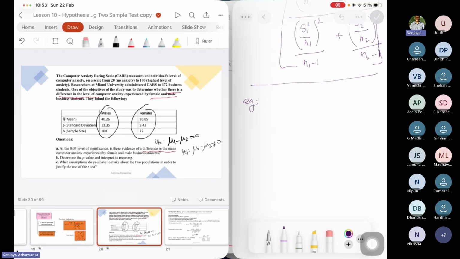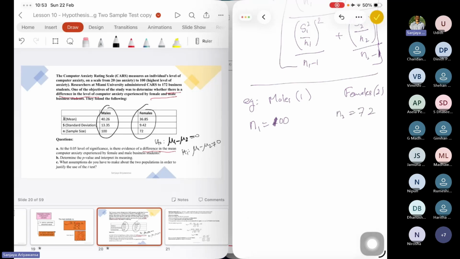So let's look at this. I'm going to take males as my first sample, females as my second sample. Therefore, N1 is 100, sample size of 100. N2 is 72. X1 bar is 40.26.